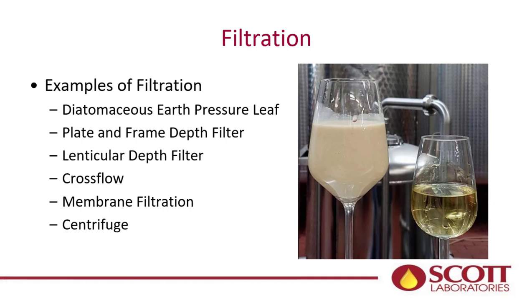A lot of people just dump their lees. Depending on your bottle price, it could justify the purchase of some equipment to do this. But examples of filtration, I'll show you some pictures here in the next slide.